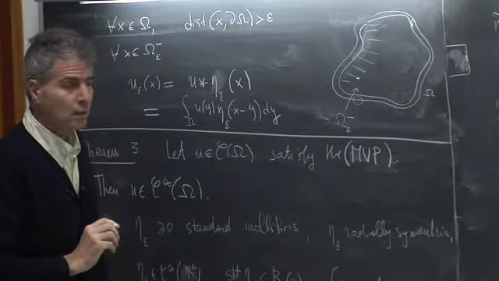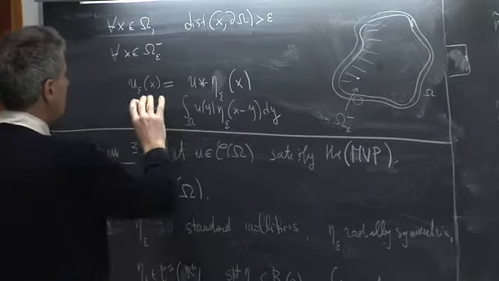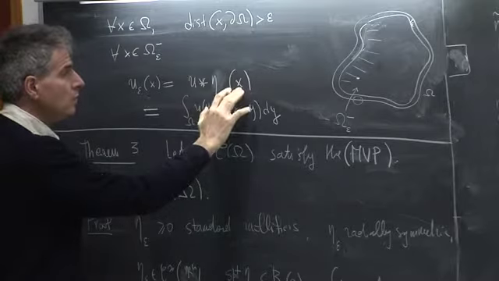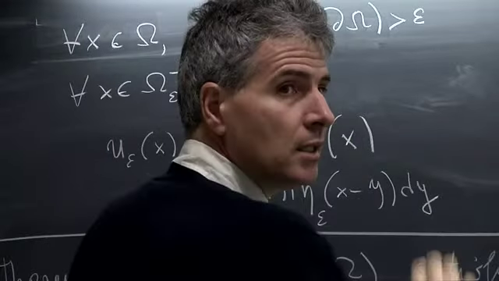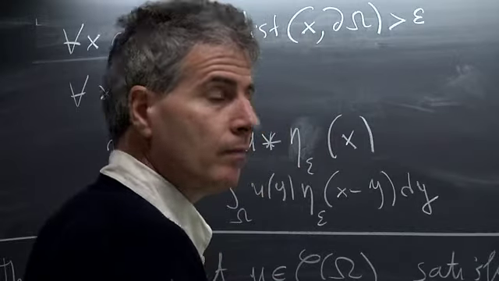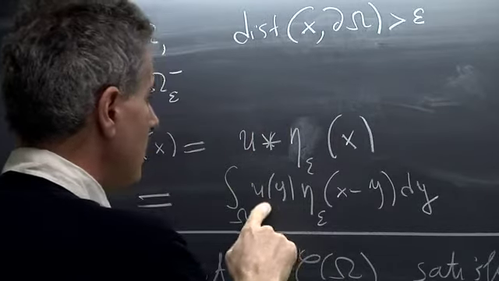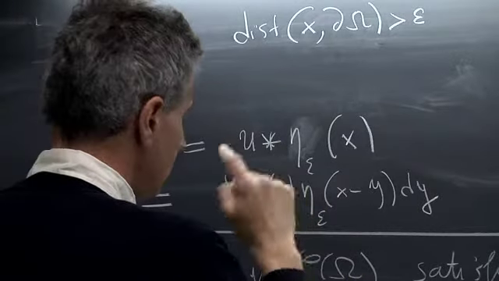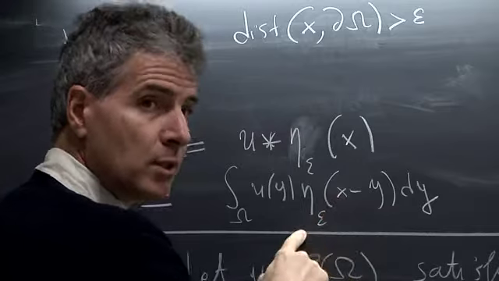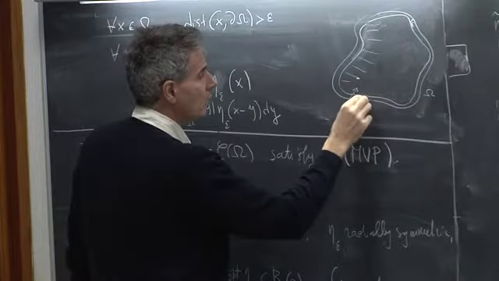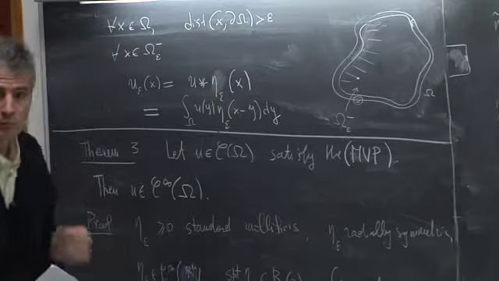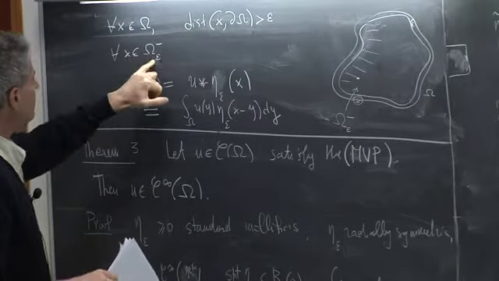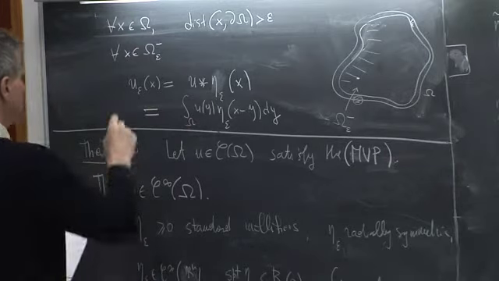Therefore, in order to give a meaning to this quantity, I need to take x a little bit inside. Otherwise, this integral is taken inside the ball centered at x of radius epsilon, and I have problems for u. This is why. But on the other hand, for any x here, this is well defined. Okay?